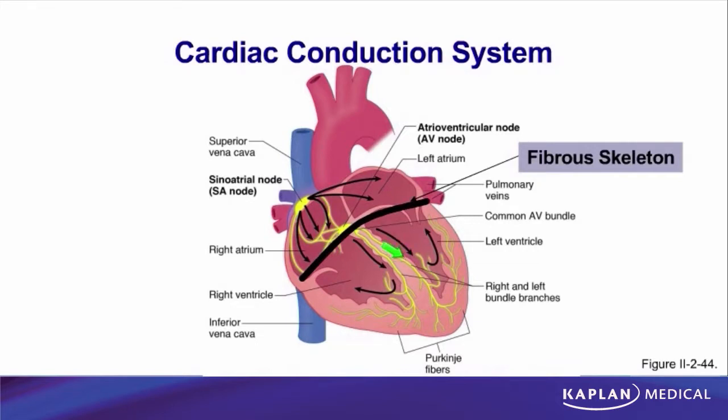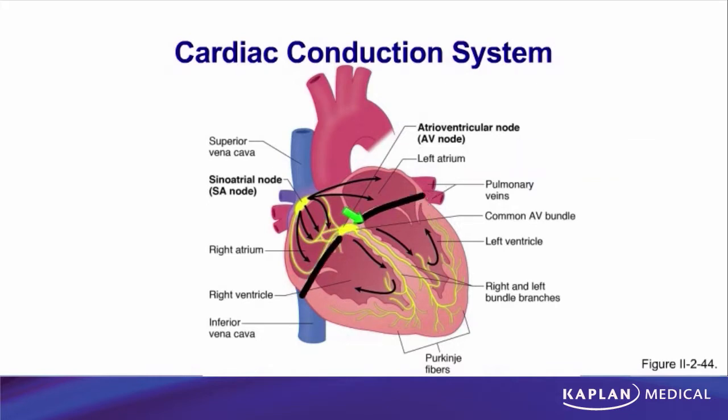So in order to establish some communication, we find that the fibrous skeleton, this layer of insulation, actually has a defect in it, a gap in it. It's incomplete. Passing through that gap, there's a bundle of specialized cardiac muscle cells called the common bundle, or the common AV bundle, or the AV bundle, or the bundle of His, which all mean the same thing.